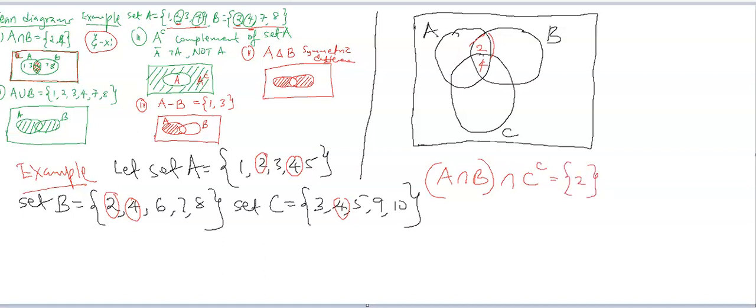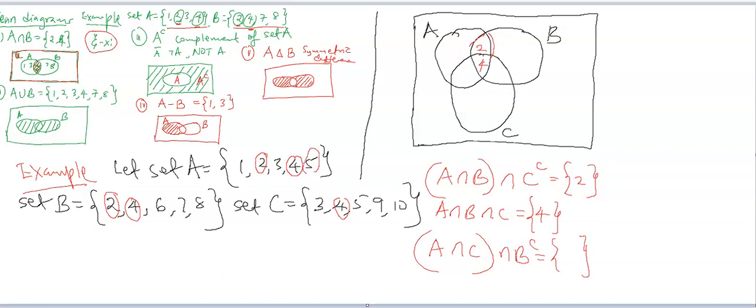And where we have 4, A intersection B intersection C is the set that contains only 4. You will notice that the element that is in A intersection C and not B, you can only find that element in A and C, and that element is 5. So here we have 5.